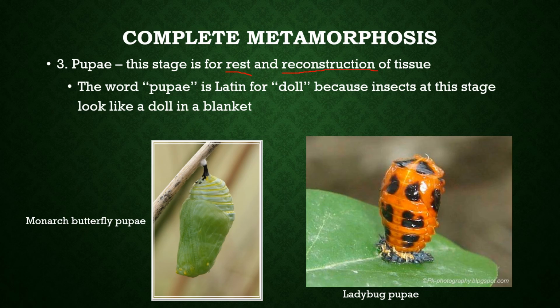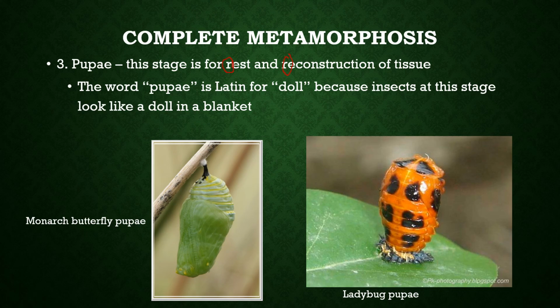So it's going to break down the tissue inside of the caterpillar or mealworm or whatever insect it is, and then it will begin to reconstruct its tissue into whatever organism it will be as an adult. In your notes, whether you have the printed or handwritten copy, I do want you to circle the R in rest and the R in reconstruction.